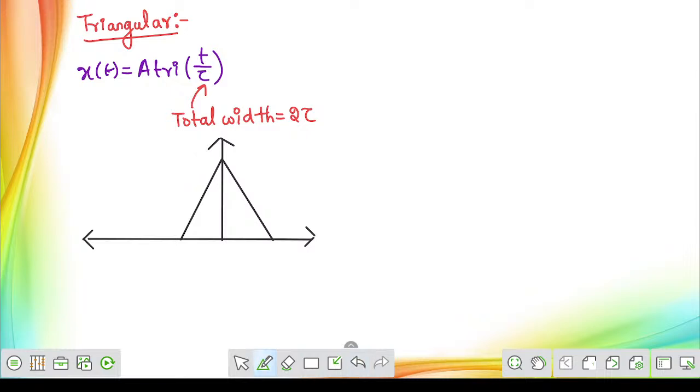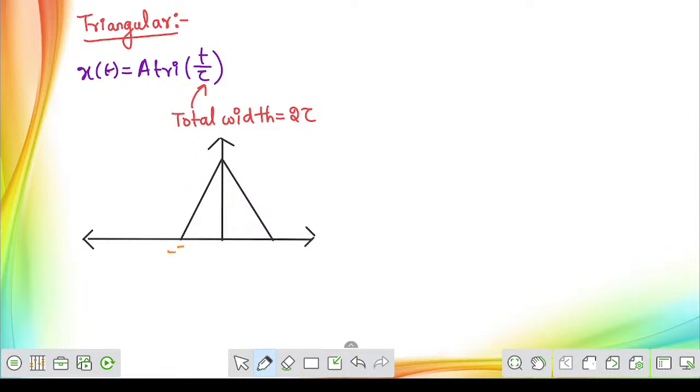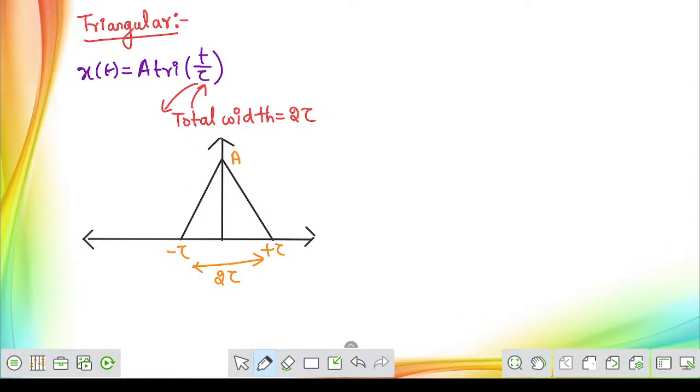Now here, if you observe the width of this triangular function, as I told you, this is minus tau and this is plus tau, and the total width of the triangular function will be defined as twice tau. Whereas the amplitude of the signal, as usual, is A only. Now, whenever you write the triangular function on paper, in theory form, you should remember that you will have to multiply the width by 2 in order to obtain the total width of the triangular function.